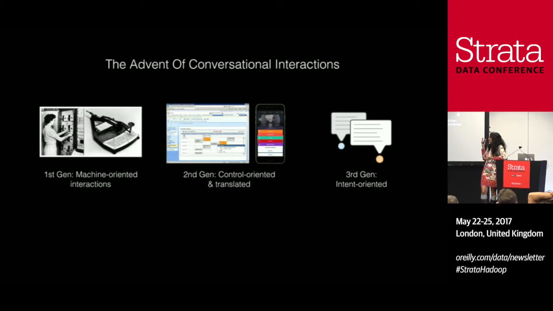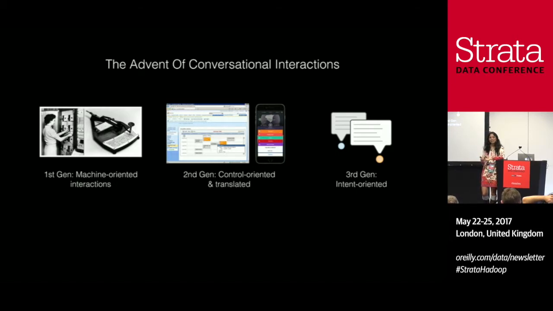So the idea is this is really the future of how we interact with machines, right? If you think about the very first generation, it was really machine-oriented interactions, right? It was this laborious task of, okay, how do I write it in assembly-level language or very low-level language to be able to get machines to do what I'd like them to do. And the second generation got better, right?